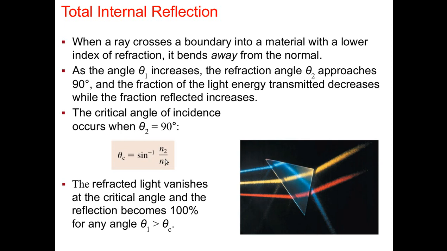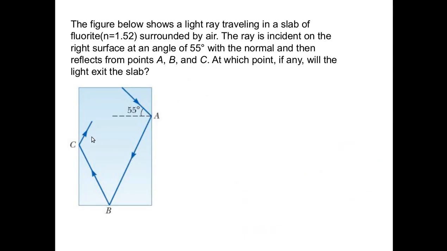Plug 90 in for the refracted angle, solve for the incident angle, just to make sure I get these two indices correct, just to make sure I get this ratio right. So sometimes you'll be asked for the critical angle, sometimes you'll be given the incident angle, and you'll have to find out whether total internal reflection occurs, in which case you have to find the critical angle and compare that to the incident angle. So that's what we're going to do in these next examples.